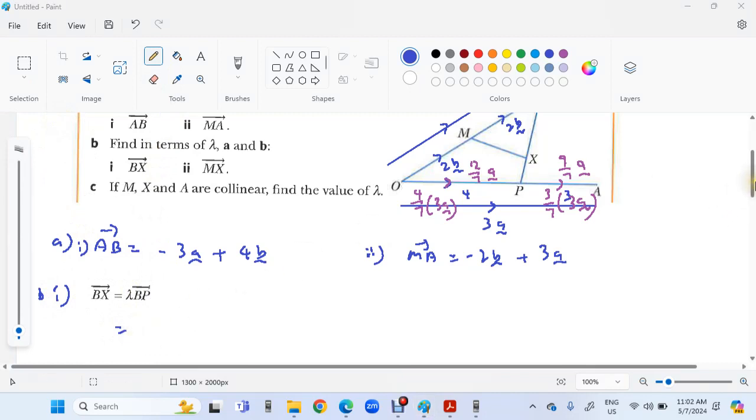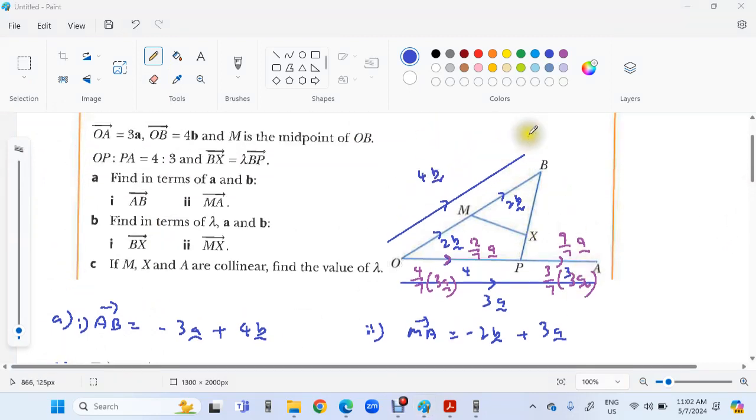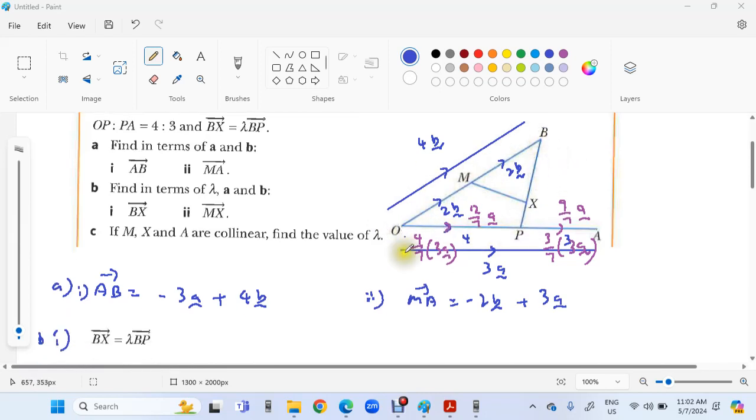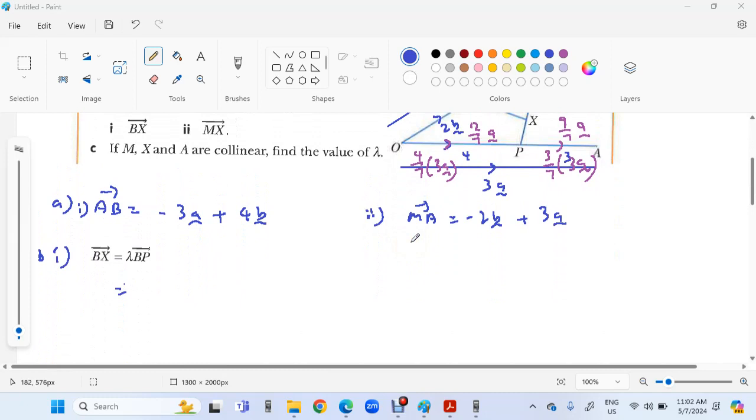BP is from B to P. From B to P is BO plus OP. BO is negative 4B, plus 12 over 7 A.